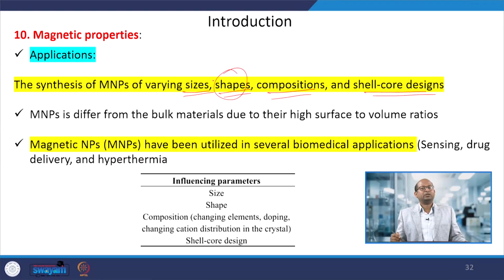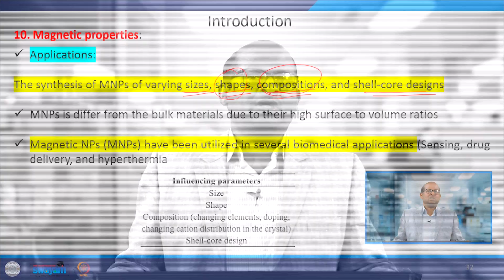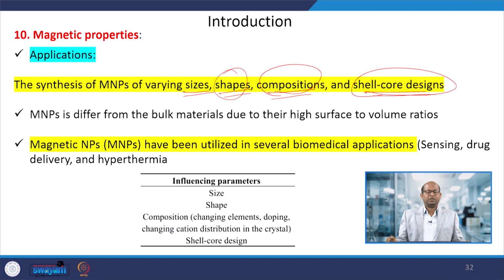Even shape, cylindrical, triangular or spherical, changes the magnetic property. Even composition: suppose you have prepared a material made of iron, if we add a percentage of cobalt or nickel or any other component, the metal oxide composition changes. If we change the percentage of the second metal or metal oxide, it also affects the properties.